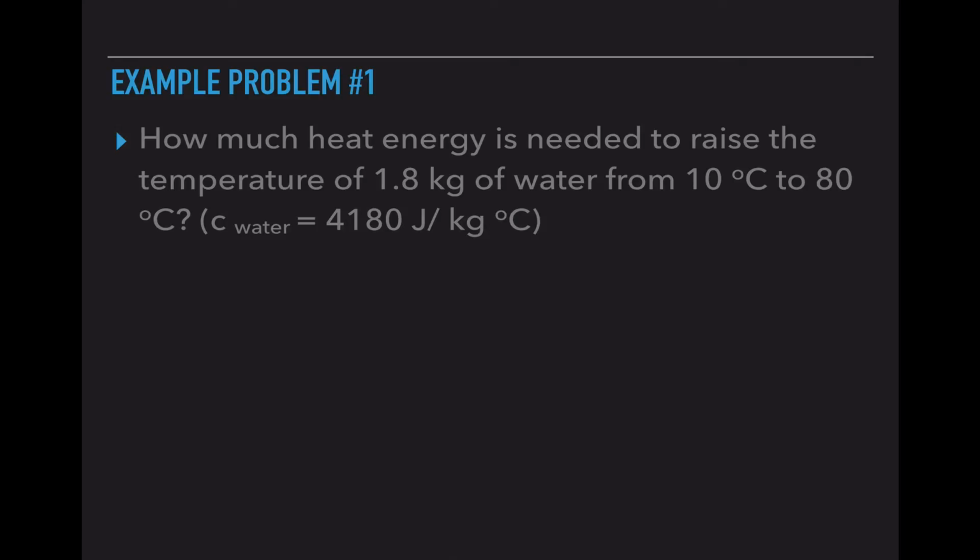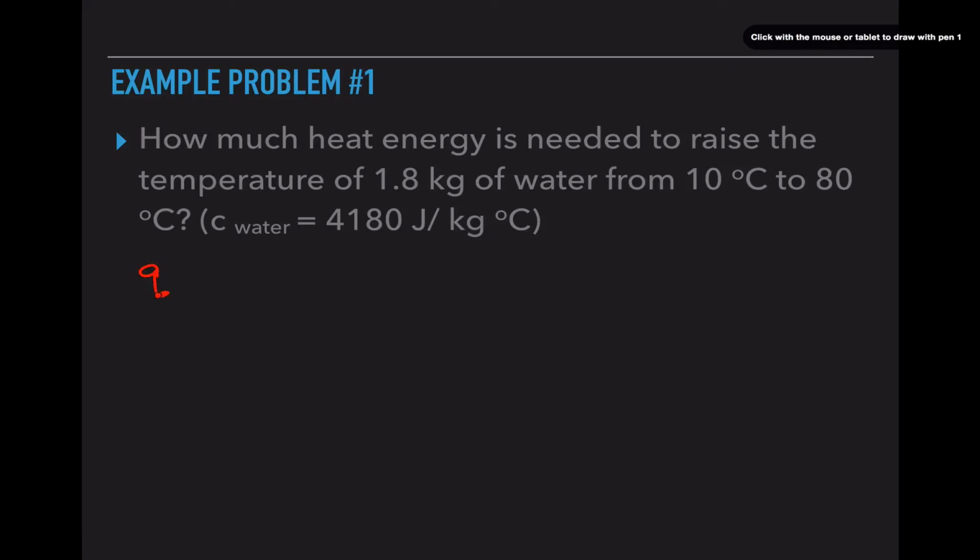We're going to do a simple example problem just using that basic equation before we introduce anything more difficult. How much heat energy is needed to raise the temperature of 1.8 kilograms of water from 10 degrees Celsius to 80 degrees Celsius? And again, I'm going to remind you what the specific heat of water is. It's 4,180 joules. So I'm going to list my knowns and unknowns.